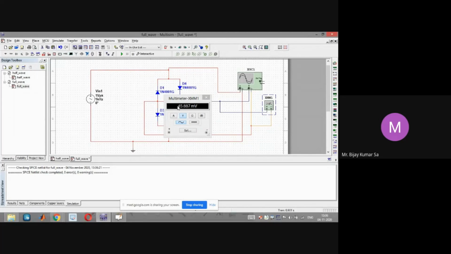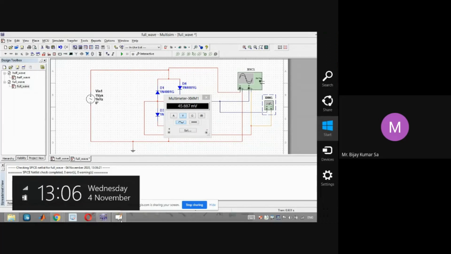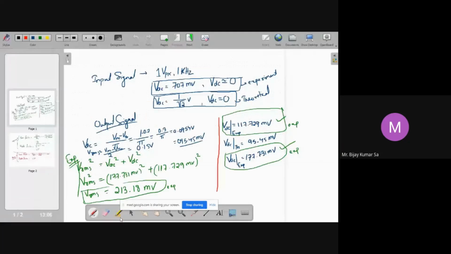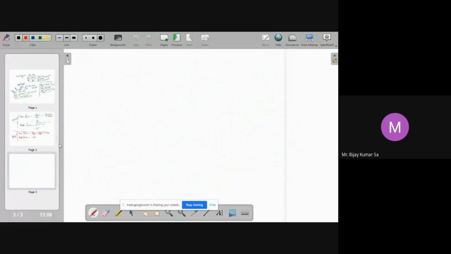Let me write it down. These are the readings for the full wave bridge type rectifier.